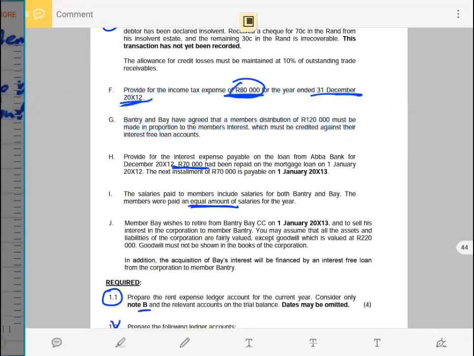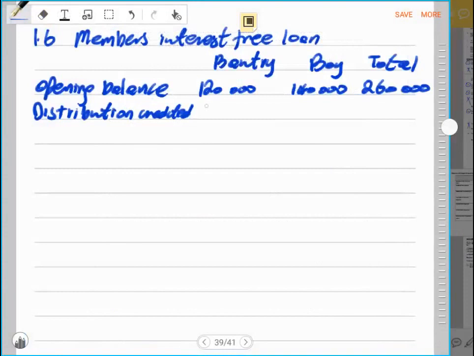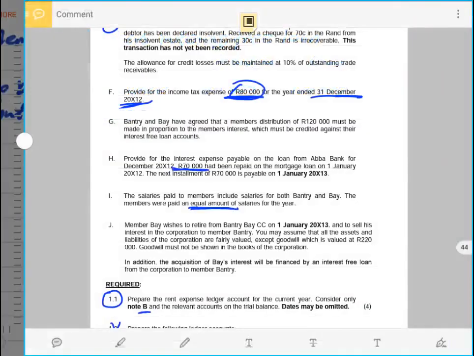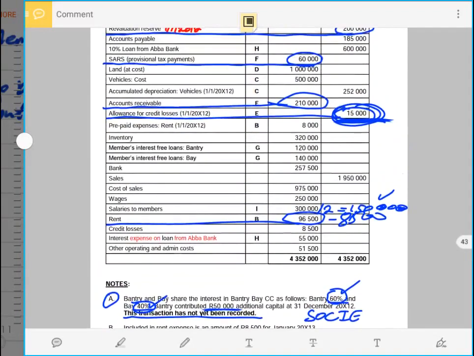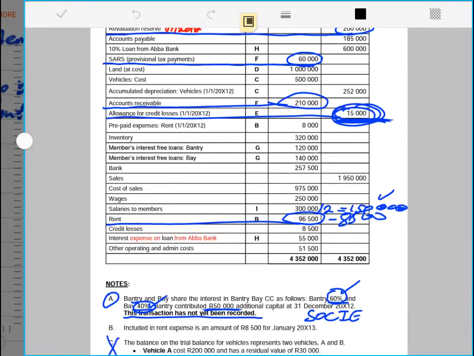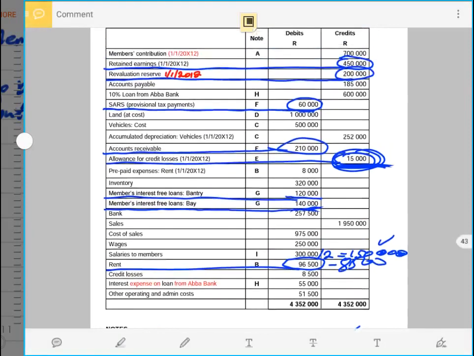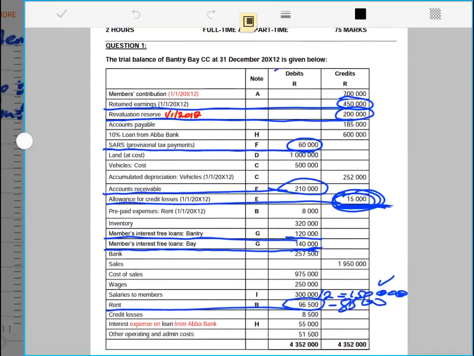under their loan accounts. Then obviously this has to reduce their loan accounts, because all these loans in the trial balance were recorded on the debit side. Remember, both of these loans were recorded on the debit side of the trial balance. There we had 120,000 rands and a members' interest-free loan of 140,000 rands, and I highlighted that they are on the debit side of the trial balance.